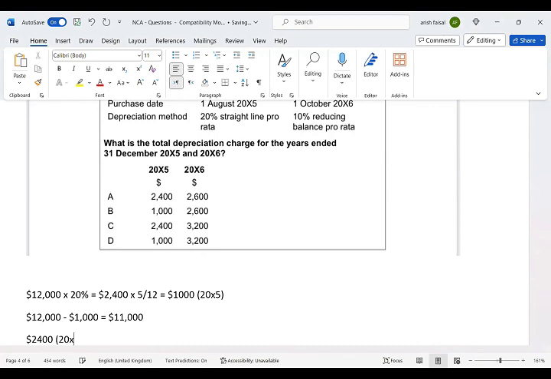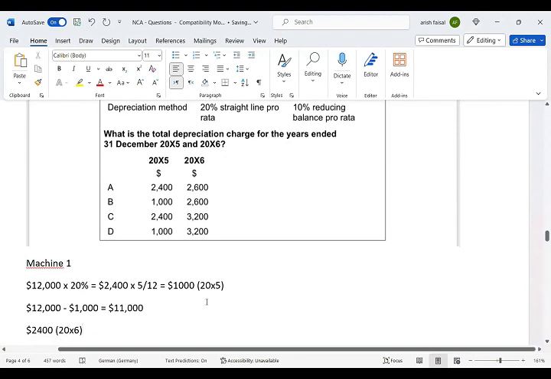So that will be the depreciation for 2016 as far as machine one is concerned. So far, the answer can be B or D, because 2400 is not the depreciation for 2015. It's only going to be 1000 because the company has a policy of prorating. Hence, 2400 is not the correct answer for 15. It will be 1000. So either B or D could be the correct option.